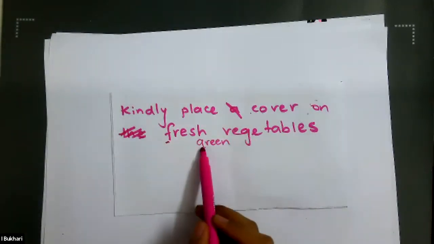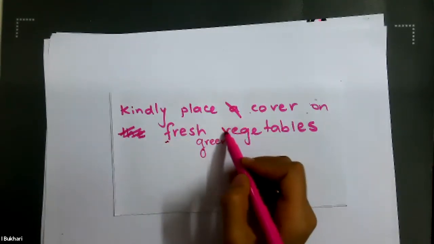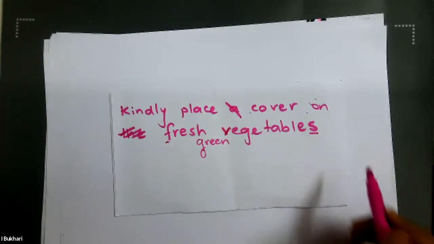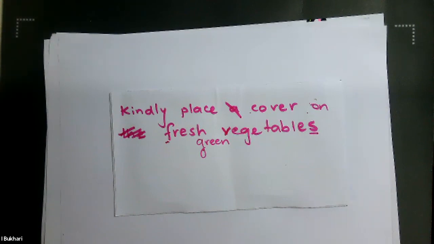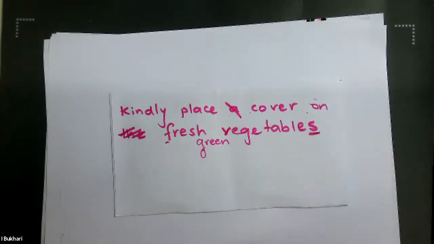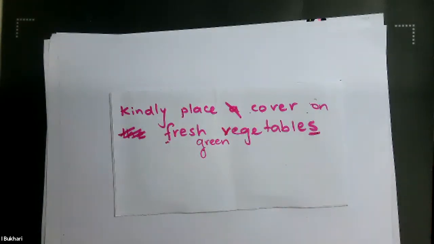So change the last word to spinach: on the fresh green spinach. That way we can even take the last S for species. It's the same thing, so that's a really good mnemonic.